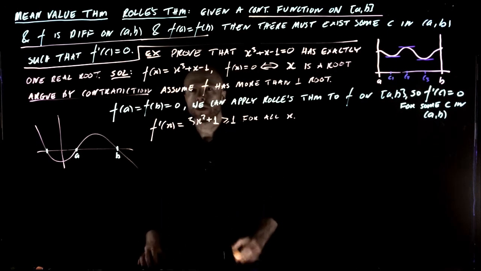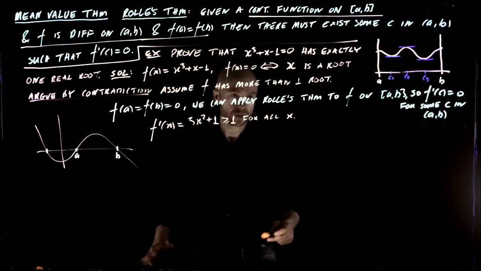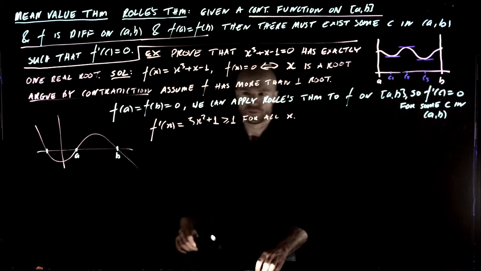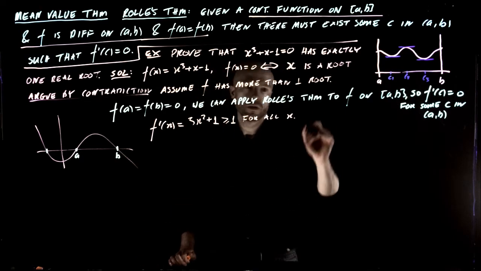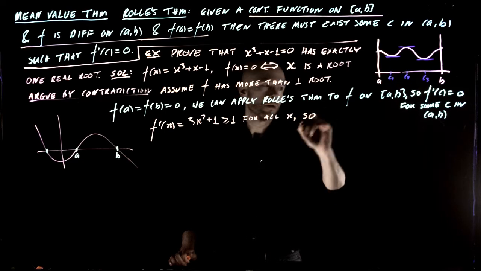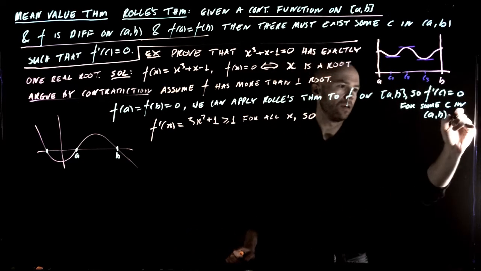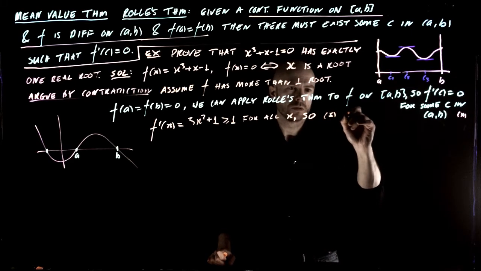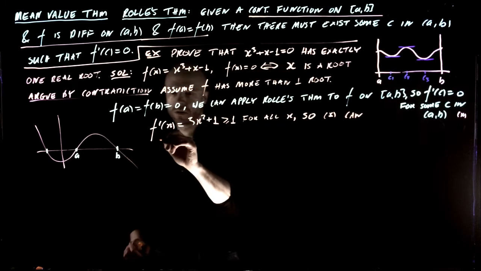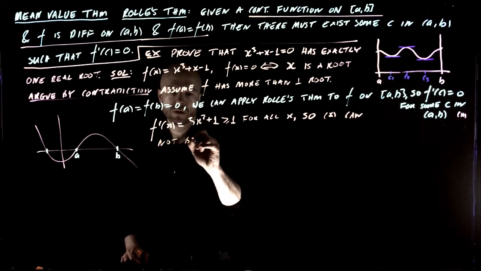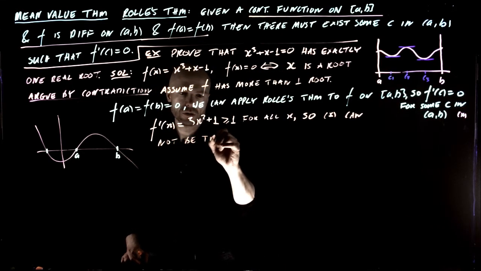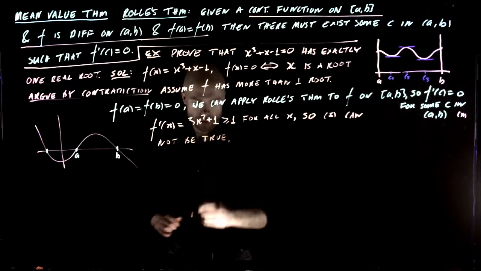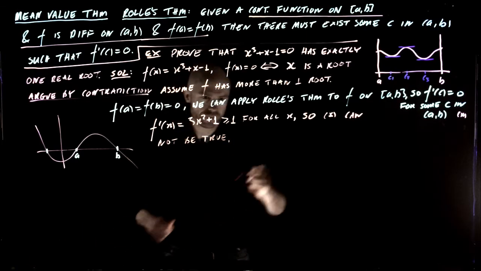And that's called an argument by contradiction, and it's a simple example of one. So let's call this thing here star. So star cannot be true. We call this, we write contradiction.